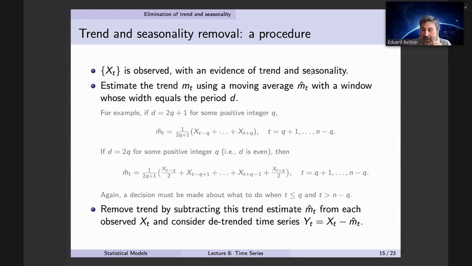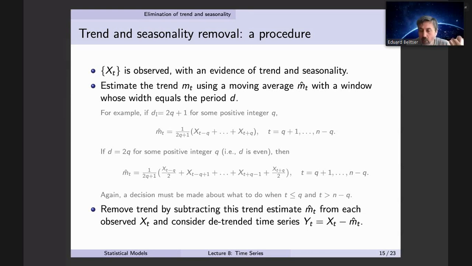Then we actually can use this knowledge when we estimate the trend. We take this local approach, this moving average, and D could be either even or odd.